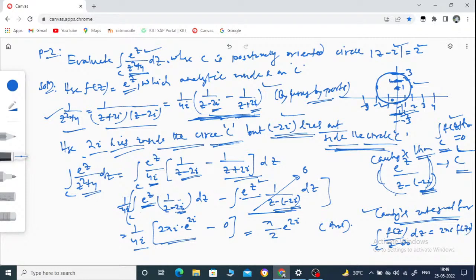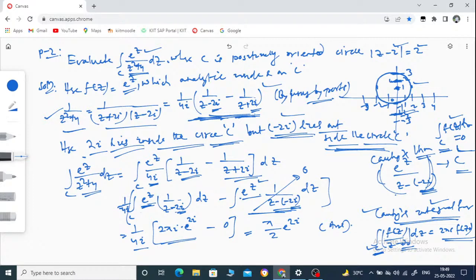So that means whatever I am writing here, this thing is not analytic at z naught, and z naught is lying inside C. So by using Cauchy's integral formula, its value is 2 pi i f of z naught. So this is the thing.